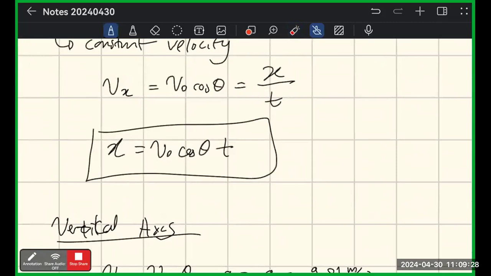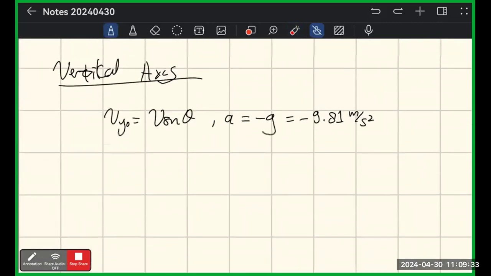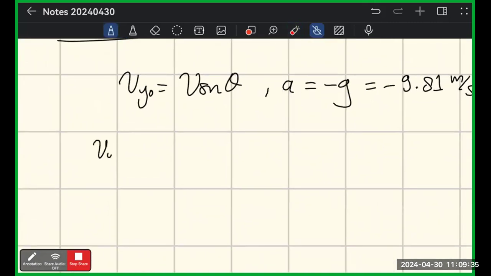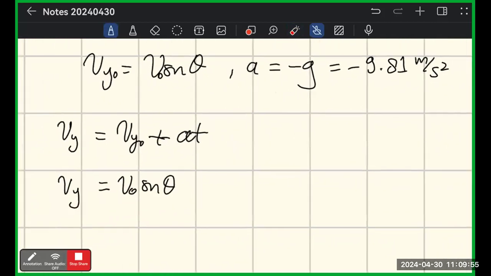Vx and Vx naught are equal throughout the motion, but Vy equals Vy naught plus at. Vy naught is v naught sin theta, and the acceleration is minus g, so it's minus gt.